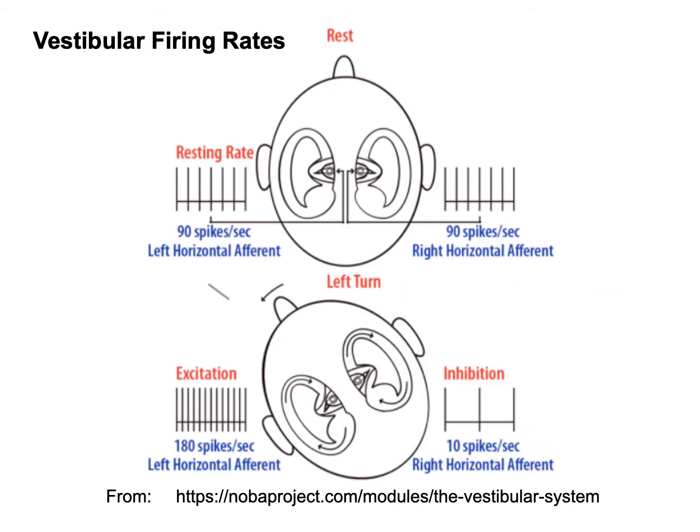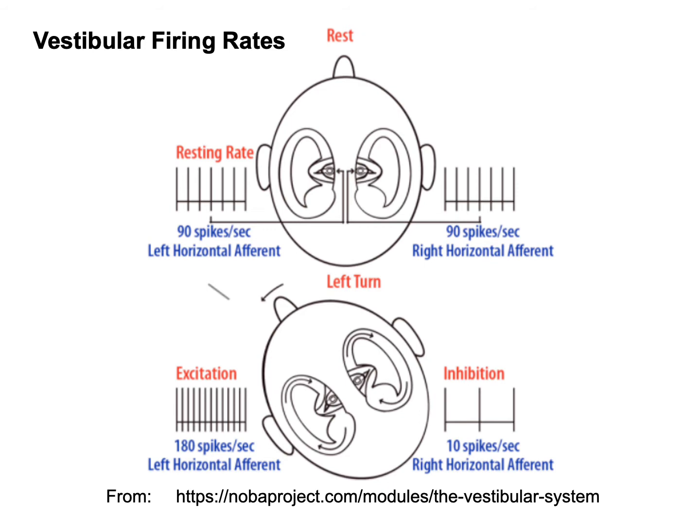So I wanted to demonstrate to you what it might look like at rest. So at resting rate, you may have 90 spikes per second, and this is going to be consistent from the left as well as from the right horizontal afferents that are coming from that vestibular system going into the cranial nerve and then being interpreted by the brain.